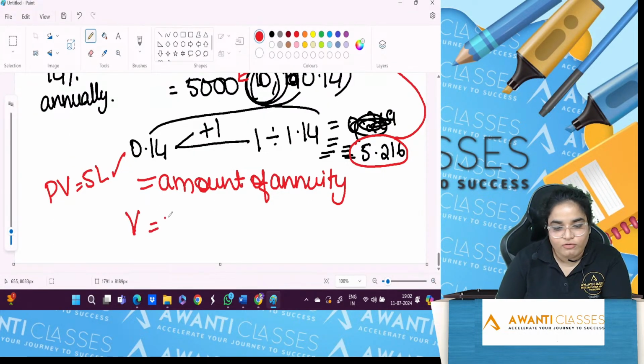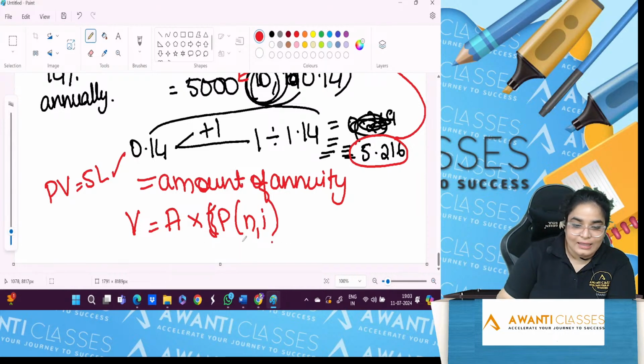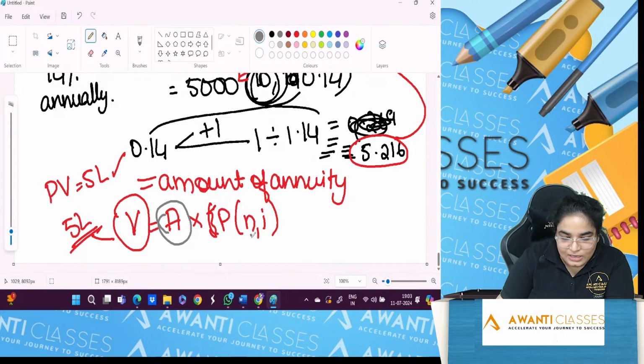This formula: V is equal to A into P of N and I. Now the V is already 5 lakhs. Do you understand? You have to find out A. N is how much?